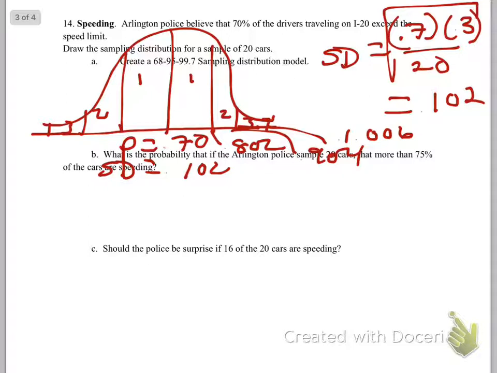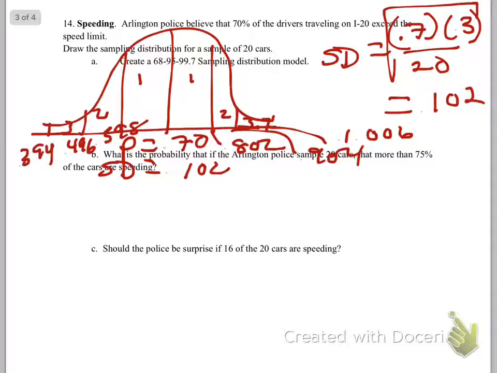I'm going to go the other way, 0.7 minus 0.102, and I get 0.598, subtract, and I get 0.496, and subtract, and I get 0.394.